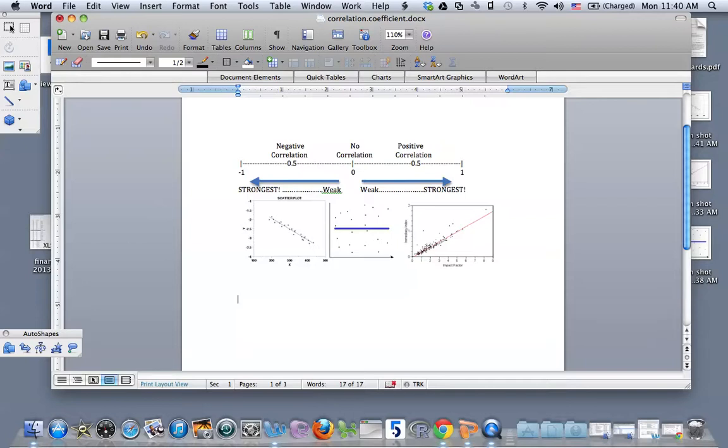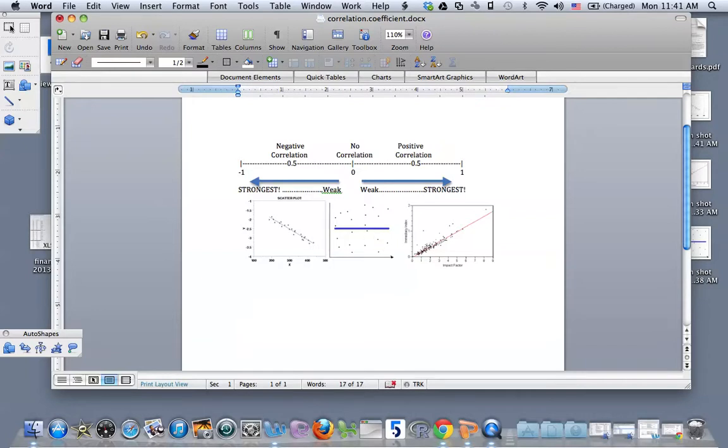A negative correlation is anything from negative 0.1 all the way to negative 1.0, and that means that as one variable goes up, the other one goes down. So a positive correlation means as one variable goes up, the other goes up, and a negative correlation means as one variable goes up, the other goes down.